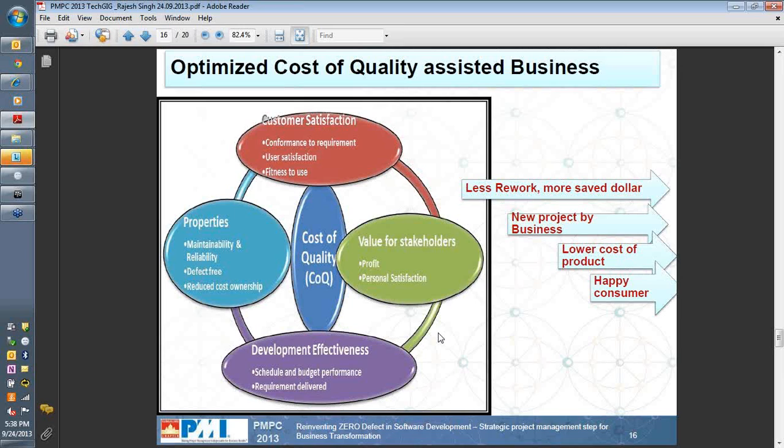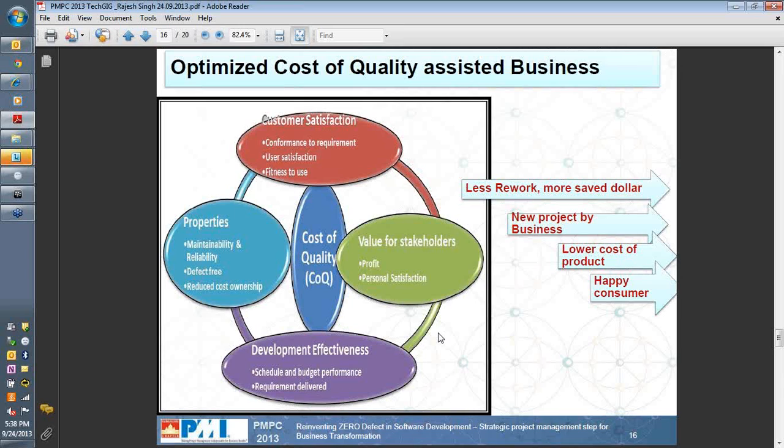It's slide number 16. I was talking a lot about the cost of quality. By these zero defect deliveries, we are trying to reduce the cost of quality, and this has resulted in creating value for the customer. The deliveries we have delivered require very little rework, and that saves a lot of dollars for the customer.